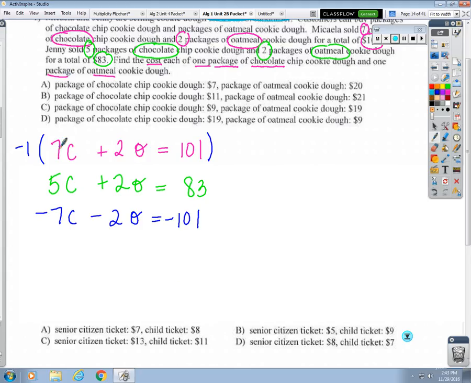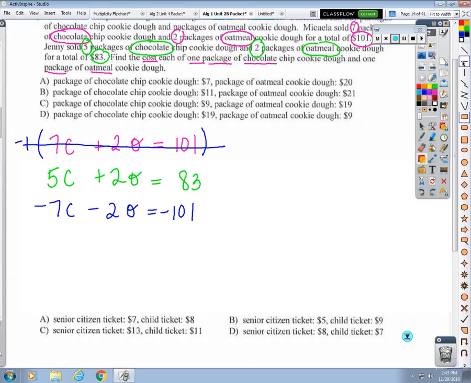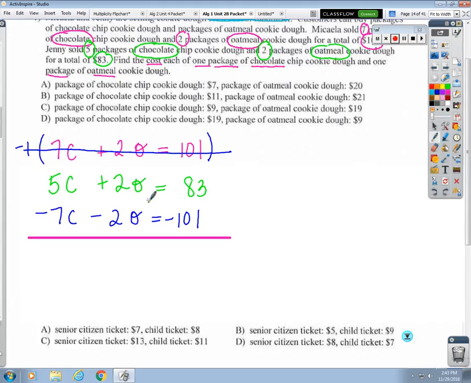I multiplied this top equation by -1, and it became that. Now that I've multiplied it by -1, I want to mark it out so that it doesn't confuse me. I'm no longer using that equation. I'm just looking at these. Now I'm ready to eliminate because my O's have the same number but opposite signs.